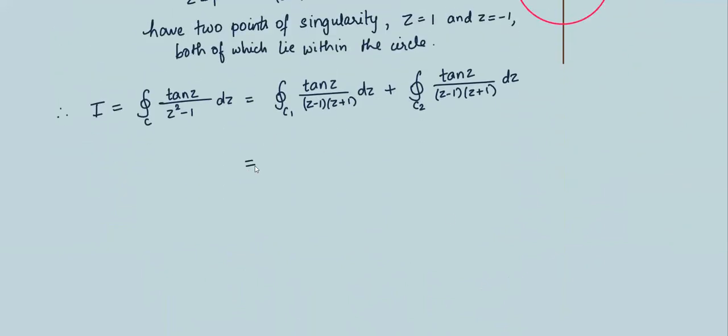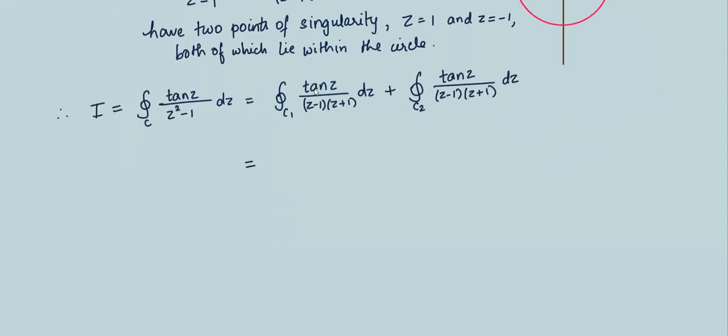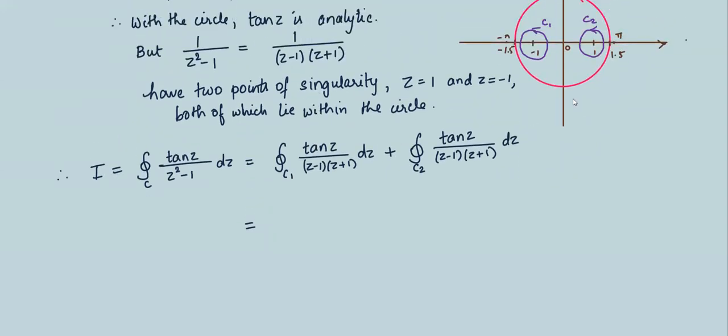Now C1 is this path, where center is at minus 1.